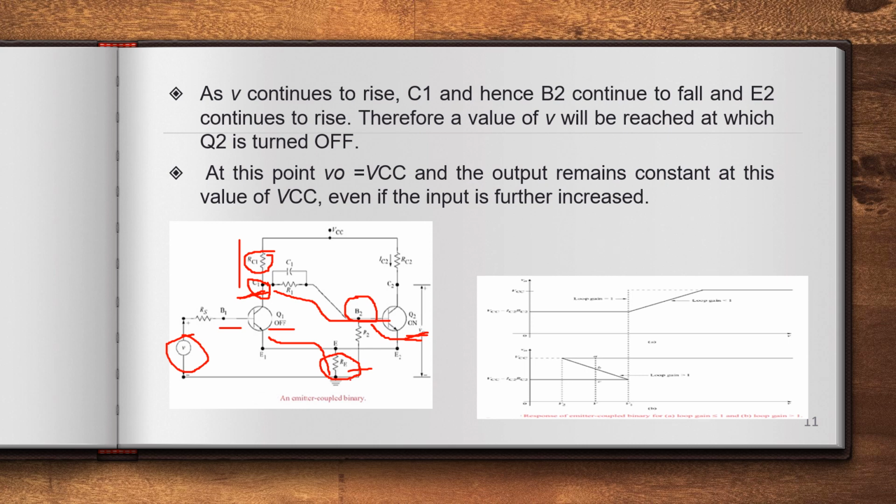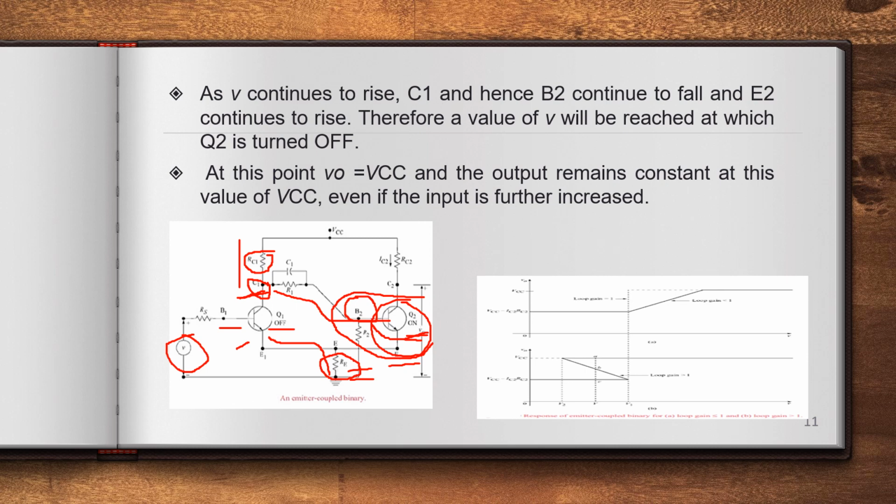VE2 is more due to conduction of transistor Q1, so the base-emitter voltage of transistor Q2 will become negative. Then Q2 enters the cutoff region, where it acts as an open circuit, and this entire part will be disconnected from the overall circuit.